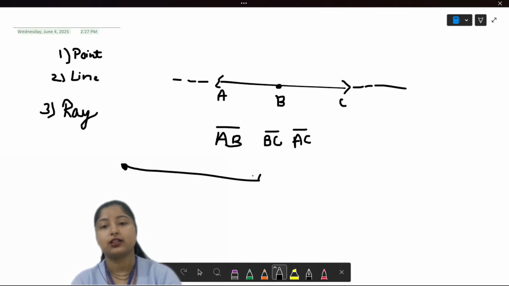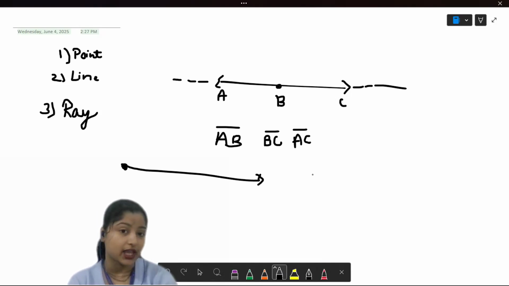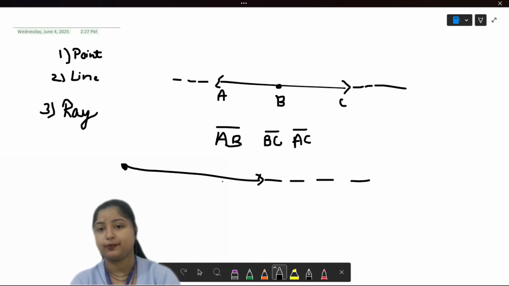So that is a ray. It does not have an ending point. Remember that it can be extended from one end only. This is the starting point, and it can't be extended from this side because it's just the point. You can extend this ray in this direction, but not this one.